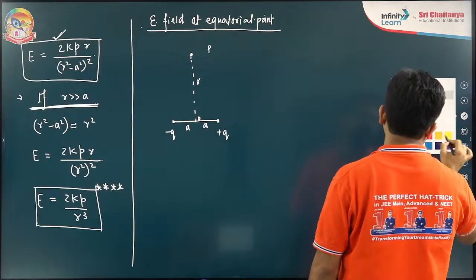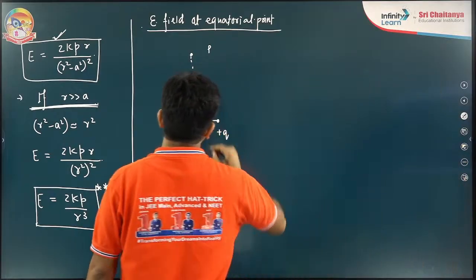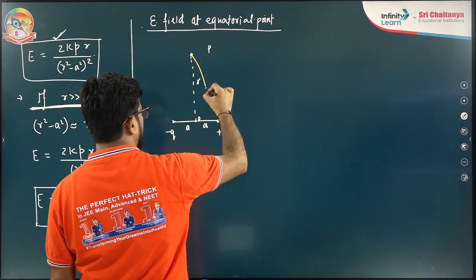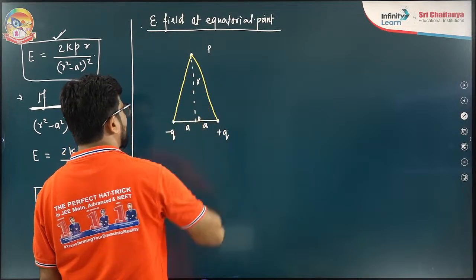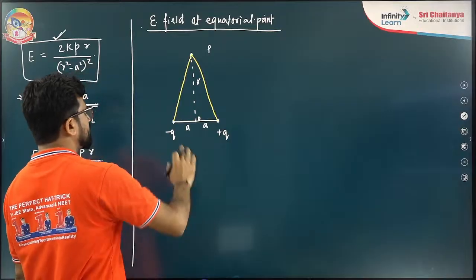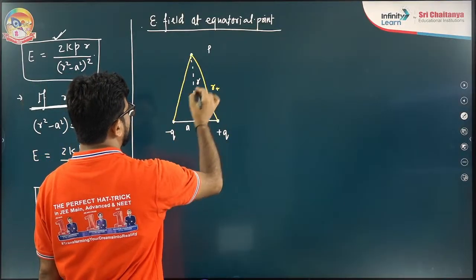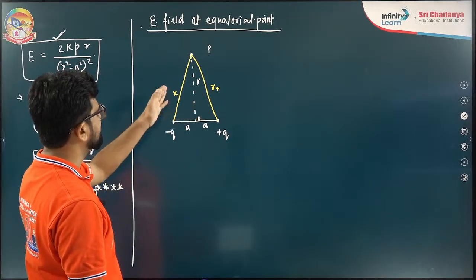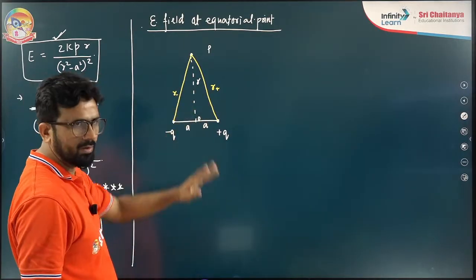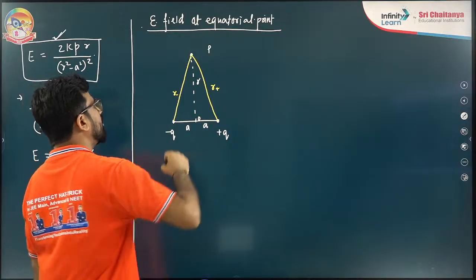Please focus carefully. You join this point P from +q, and similarly from -q also. This is the r positive distance, this is the r negative distance. By the way, both are equal, no problem. Now focus.